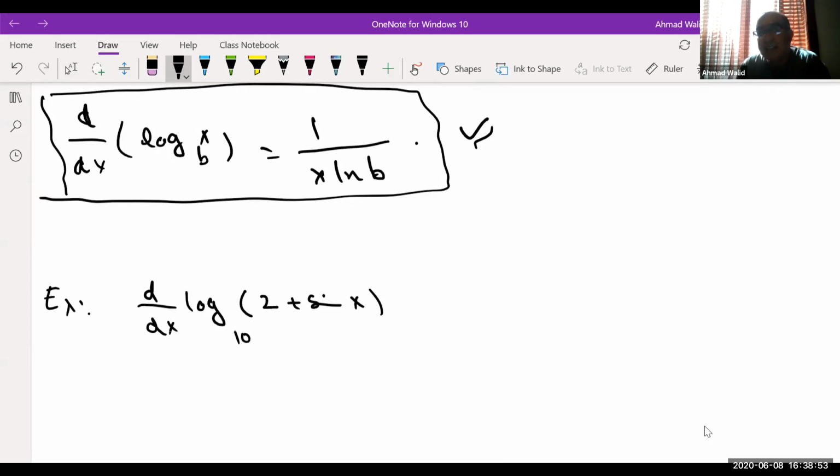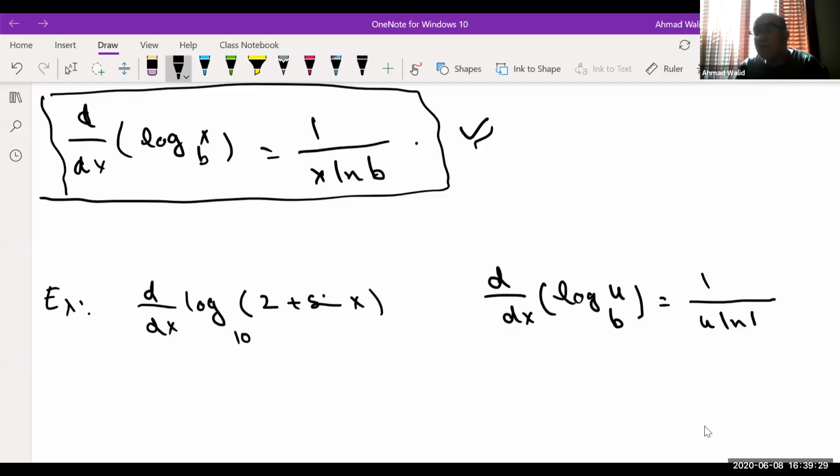But if this x is a function, like this, 2 plus sine x, then you have to use u. Even though it's not in your book, I can write it this way for you. If you have d over dx of log of u base b, this one equals 1 over u ln b times du dx.